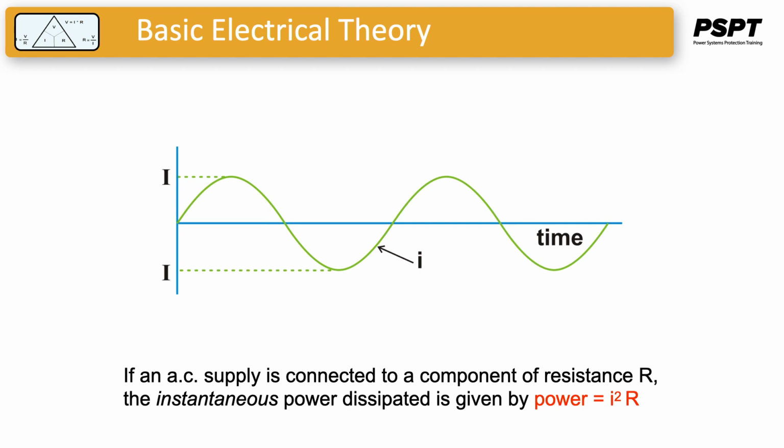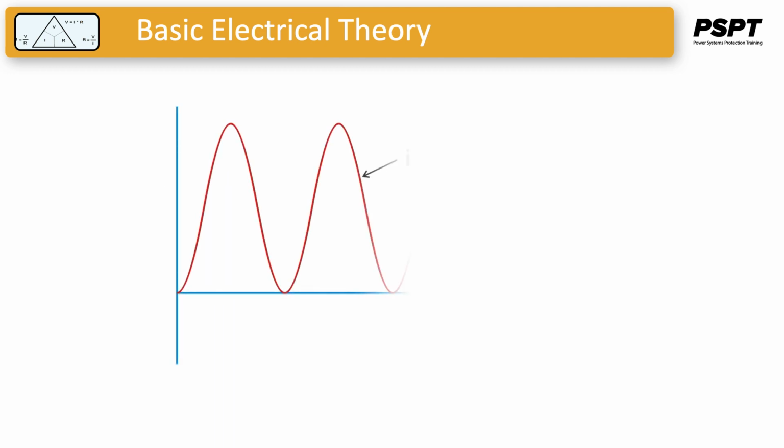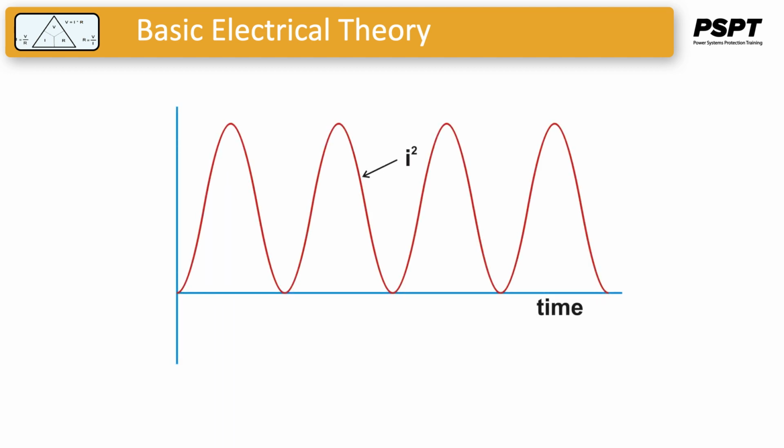If an AC supply is connected to a component of resistance, say R, the instantaneous power dissipated is given by the power equation I squared R. If we plot I squared, the instantaneous current, which itself is a sine wave, it is always positive because plus I times plus I is positive and negative I times negative I is positive.